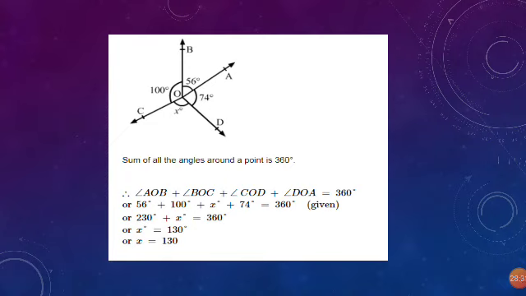Adding all the numbers, we get 230 degree plus x degree equal to 360 degree. So 360 degree minus 230 degree, 130 degree. X value is 130 degree. It is a reflex angle.